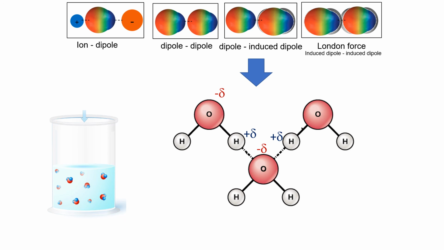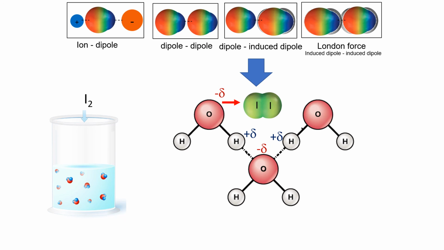The next type of attractions are dipole-induced dipole attractions. Let's consider when you dissolve iodine in water. When you add iodine molecules into water, as you know, iodine has two iodine atoms. That means it is a non-polar molecule. Therefore, it has no dipole, and it is not a polar compound.